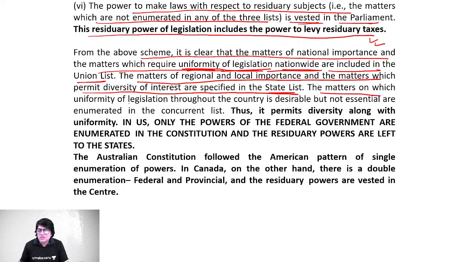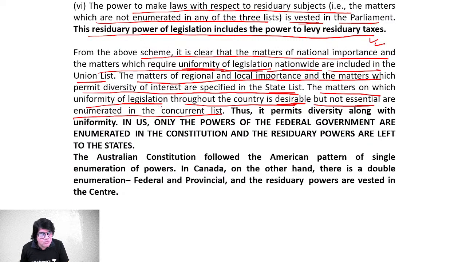And the matters on which uniformity of legislation throughout the country is desirable but not essential are enumerated in the concurrent list. So the basic philosophy behind this division, therefore, is necessity and desirability: if uniformity is required or desired throughout the country, but not absolutely required.